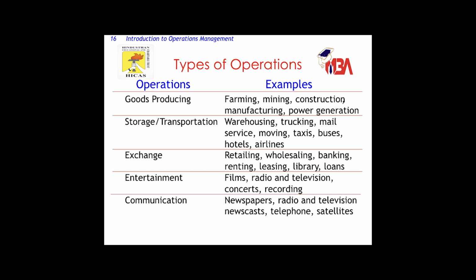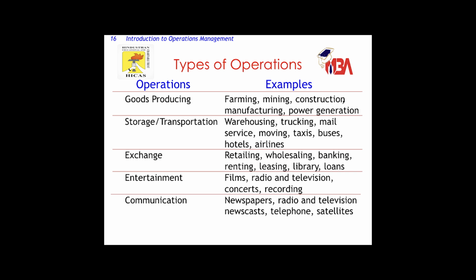Goods producing is an operation, storing is an operation, transporting is an operation, exchanging is an operation, entertaining is an operation, communicating is an operation. So we have given some examples. If you take goods producing, examples are farming, mining, construction, manufacturing, and power generation, and many more you can say.